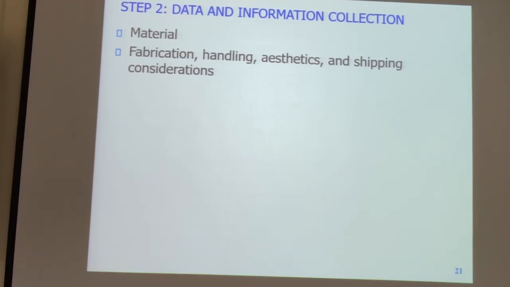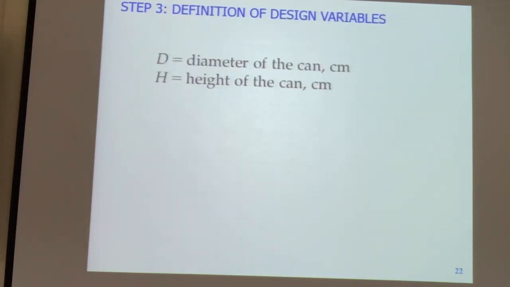Okay, those are material property, aluminum maybe, and fabrication, those considerations. So yeah, okay. Then design variables. Two design variables, because remember diameter constraint, height constraint, and volume constraint. So we need D and H. Diameter and height are quite reasonable to select as our design variables.